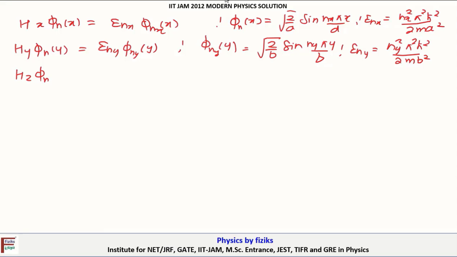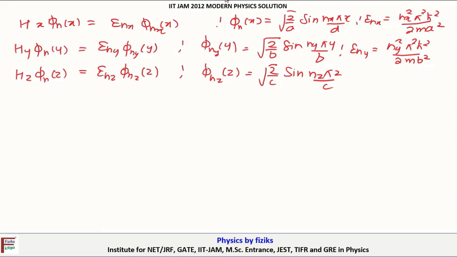Hz phi nz would be E nz phi nz, where phi nz of z would be root 2 by c sine of nz pi z by c, and E nz would be nz square pi square h square by 2mc square.